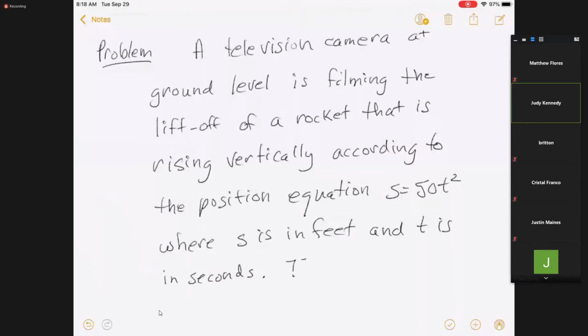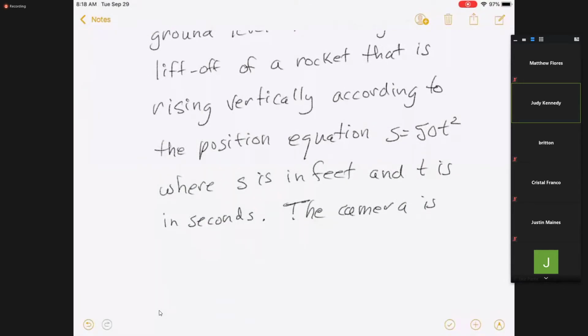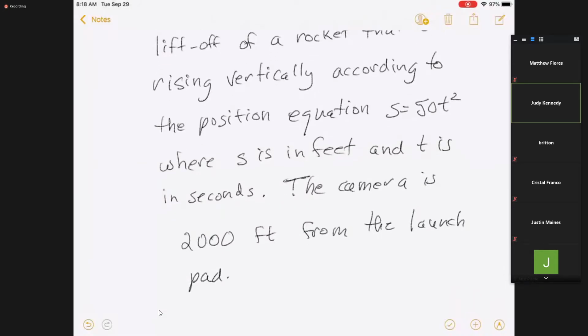Okay, and the camera is 2,000 feet from the launch pad. 2,000 feet, so that's about a half mile, a little bit less.